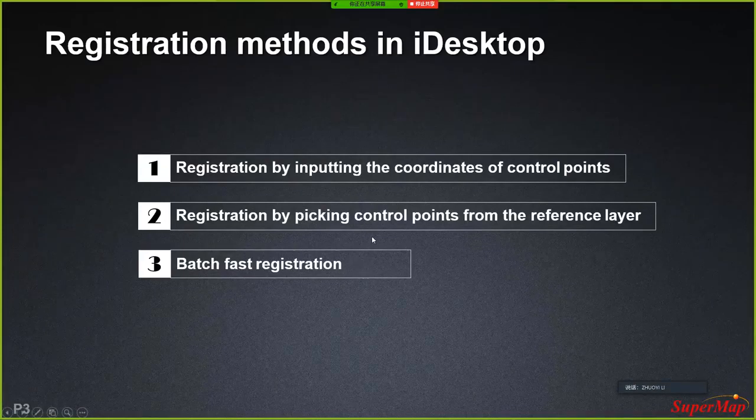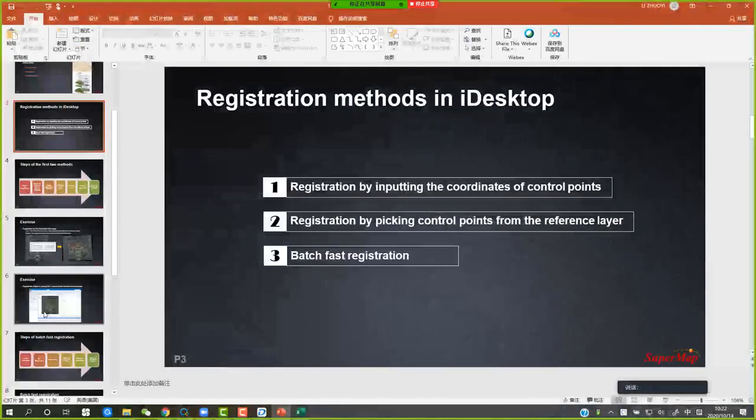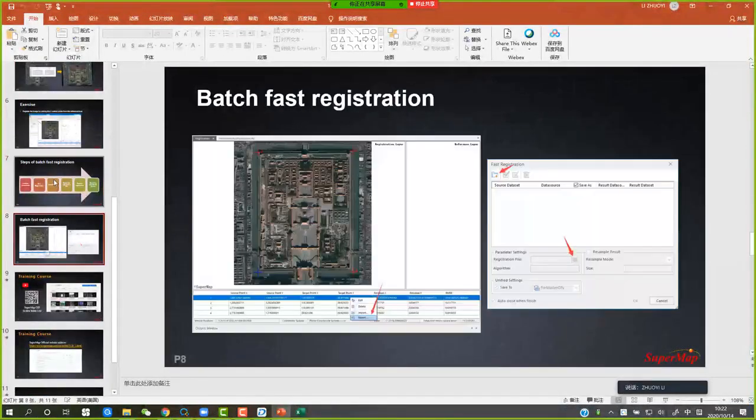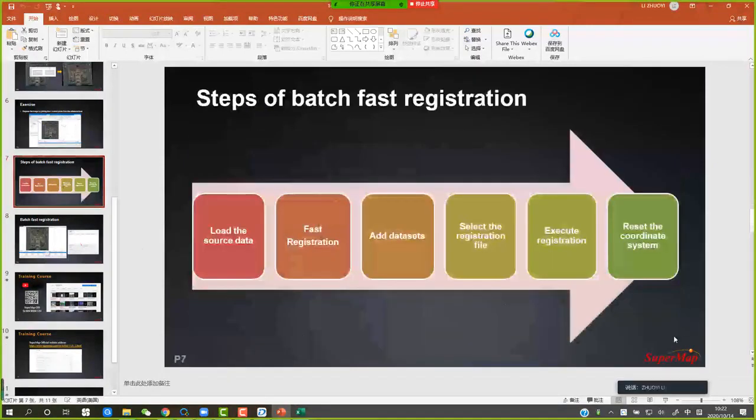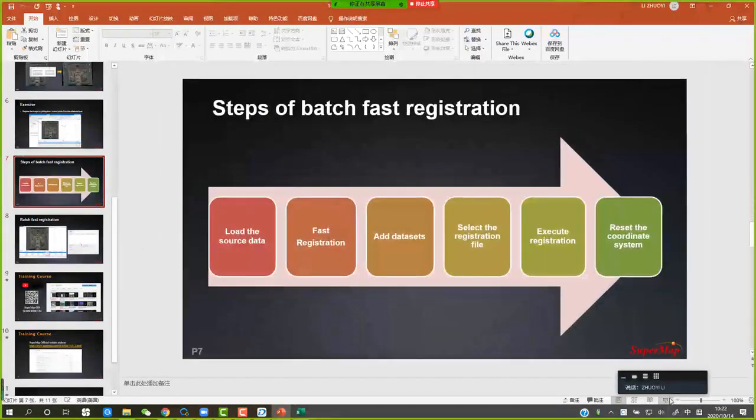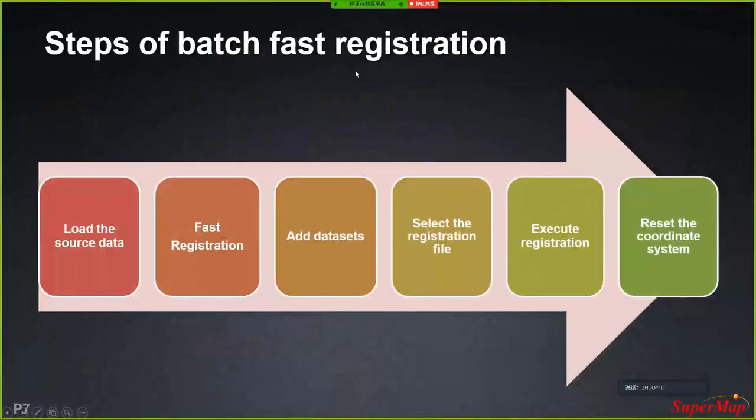If we have a lot of data to register and we use method 1 or method 2, they're so slow, and we will have to do many things for it. So if we have a lot of registrations, we can do the batch fast registration. Okay, so how to do it?